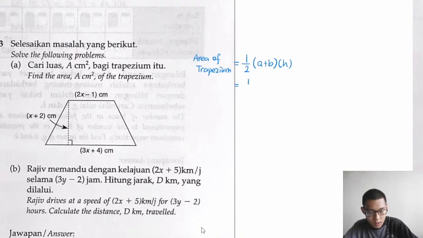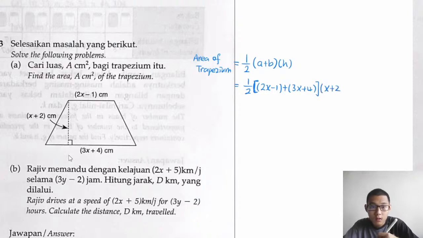One half times, this one is 2x minus 1, maybe I choose this square bracket, plus 3x plus 4, and then the height is x plus 2. Can you see my answer right?